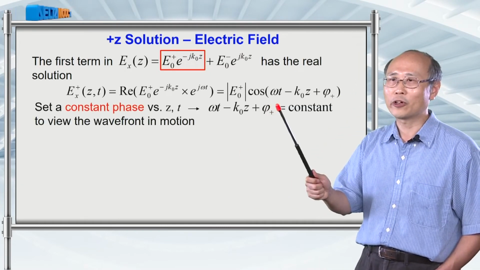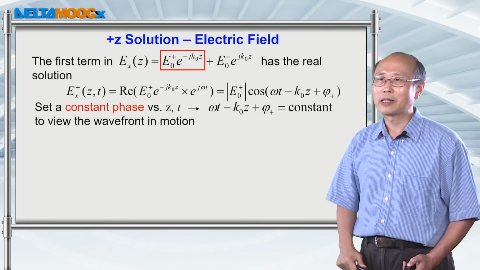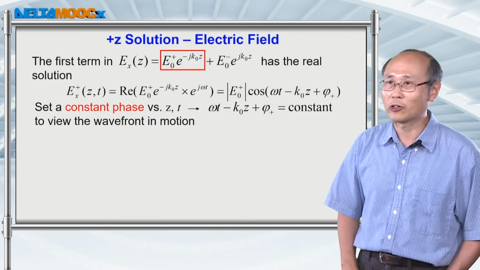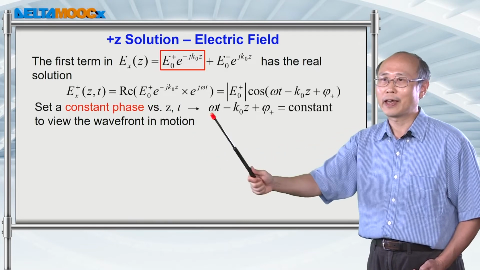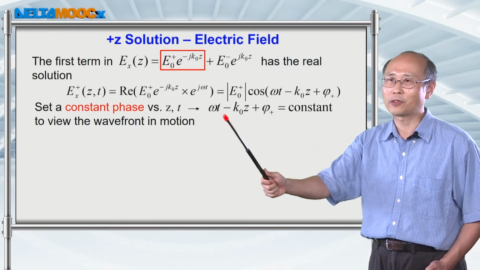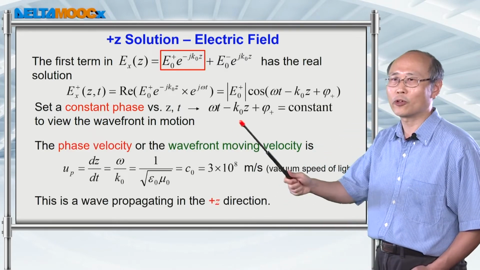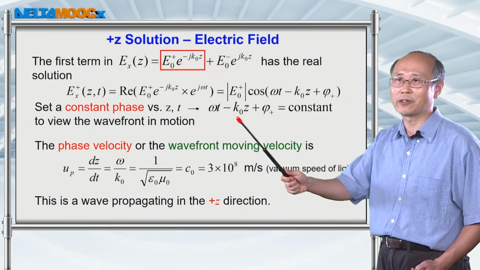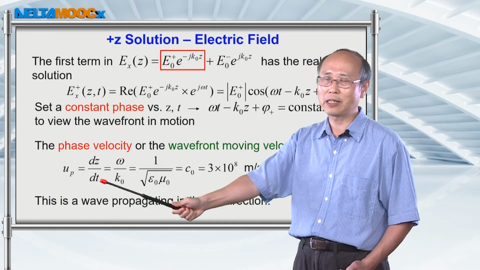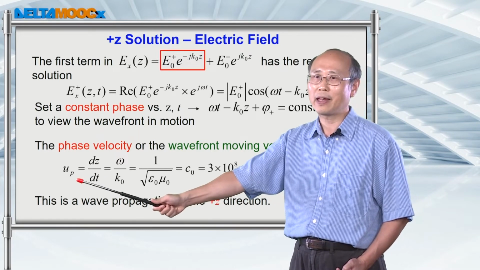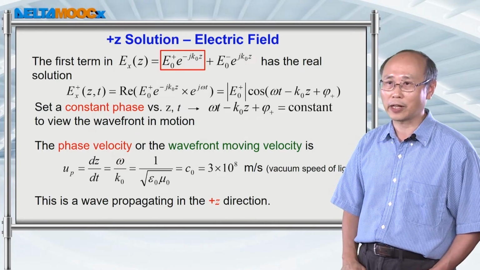And if you want to see this wave in motion, we also talked about the propagation of the wavefront before. Basically, you just set the phase to be a constant value, and then see how this phase will change over time, over space. So now, if you write down this phase to be a constant value, and then do a derivative with respect to time, then it's going to tell you the speed of this wave propagating along z direction.